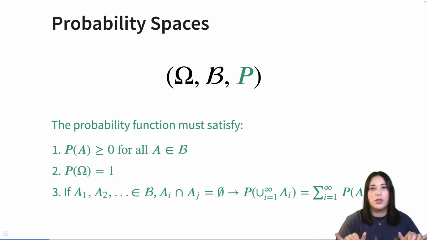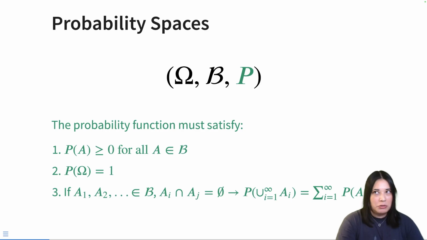Those two events do not have any outcomes that overlap. Even dice rolls are even, odd dice rolls are odd, so these two sets are disjoint. And just FYI, that's what this little part of the formula is saying: the intersection of the sets is the null set, so they don't have any overlap. And we know that the probability of getting an even or an odd dice roll is the sum of the probability of getting an even dice roll and the probability of getting an odd dice roll.